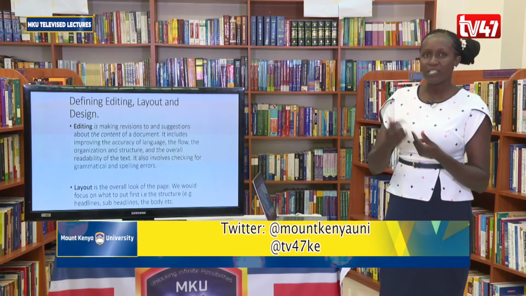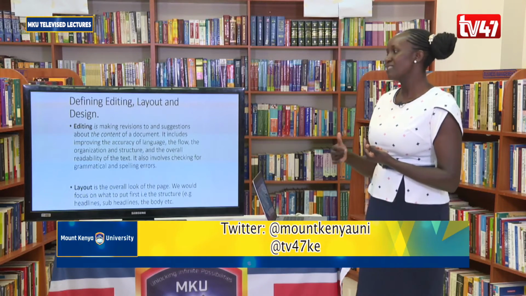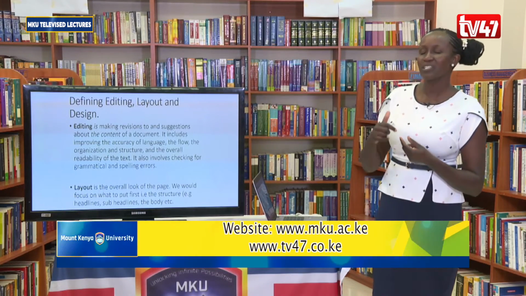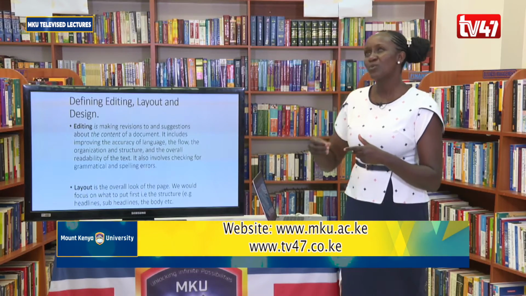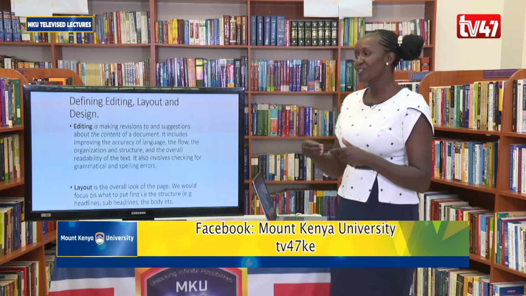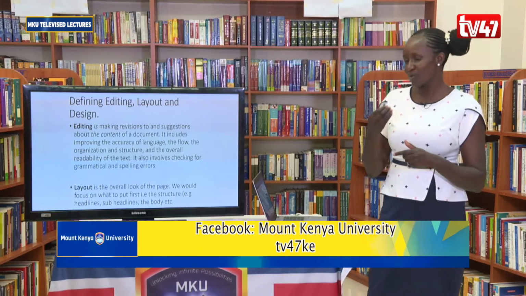Is it content that has been verified, that is factual and accurate? Has the organization and structure of the content been arranged in a way that makes it visually convincing and attractive to the person who is going to be reading your work?